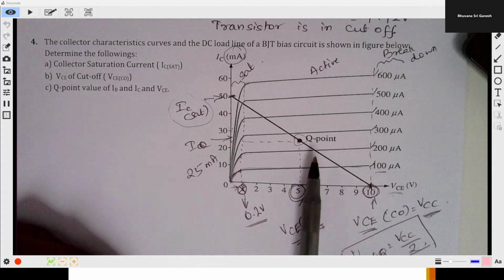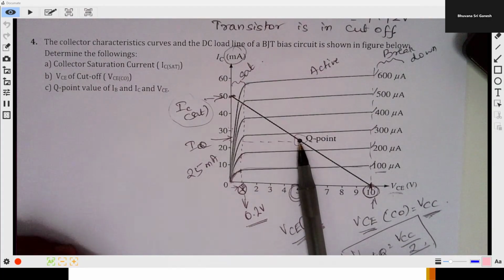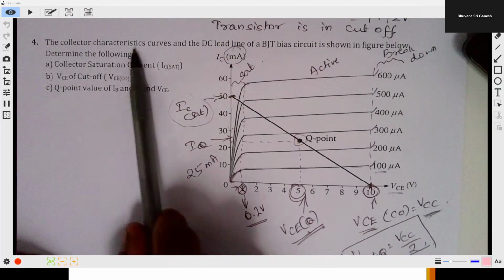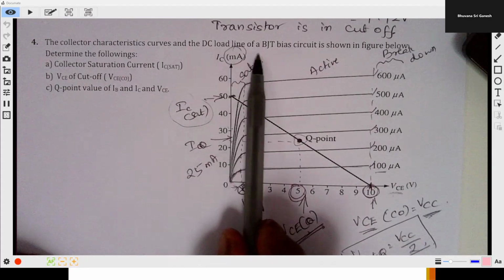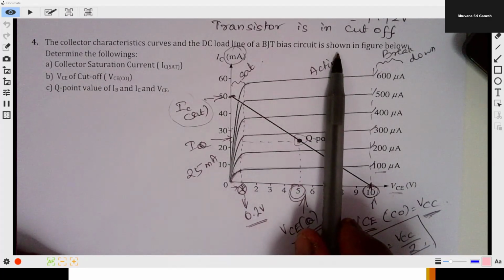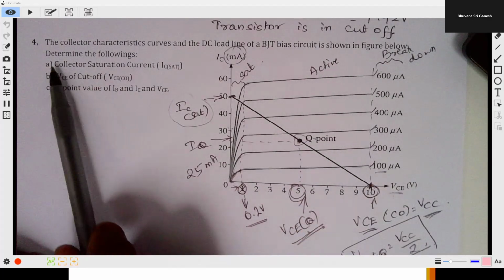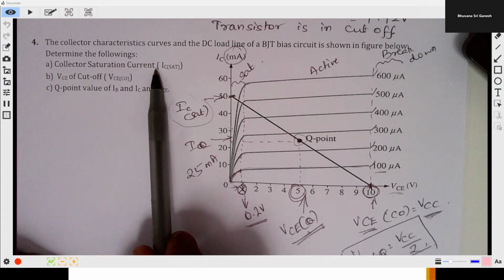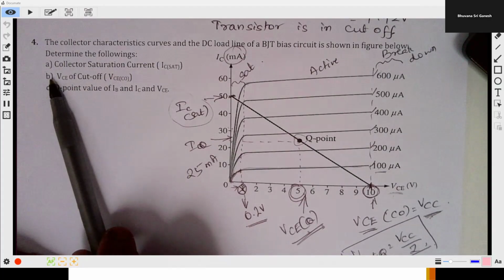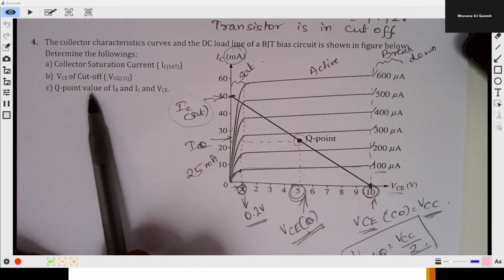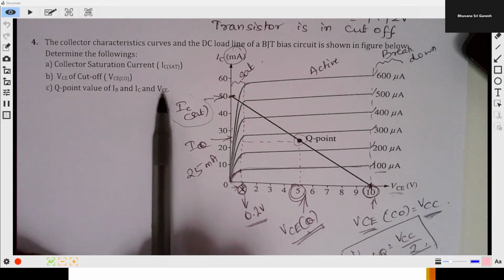Now the Q point or operating point is marked here, and the question says the collector characteristic curves and DC load line of a BJT bias circuit are shown here. Determine the collector saturation current IC saturation, VCE cutoff, and the Q point IB, IC and also VCE.